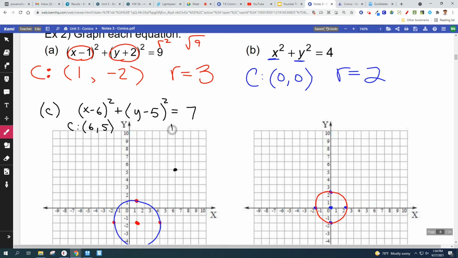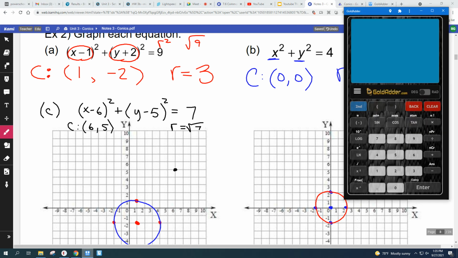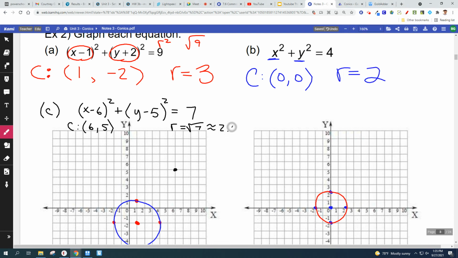But then when they try to find the radius, they're like, well, I don't know what the square root of 7 looks like. It would be the square root of 7. And I don't know what that looks like either. But what I would do is I would take out a calculator and find the square root of 7 is about 2.6. I'm not going to be able to line up square root of 7, but I know what about 2.6 is.